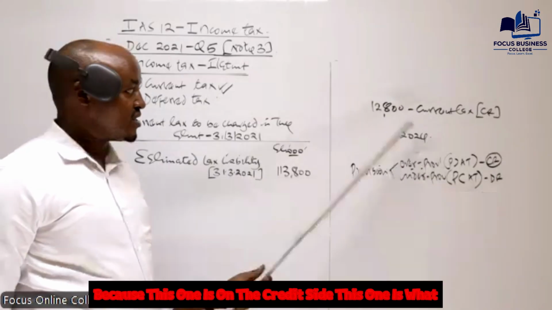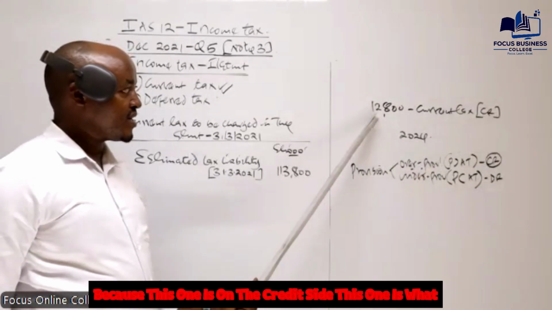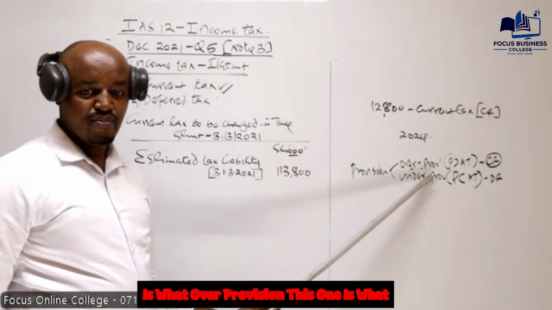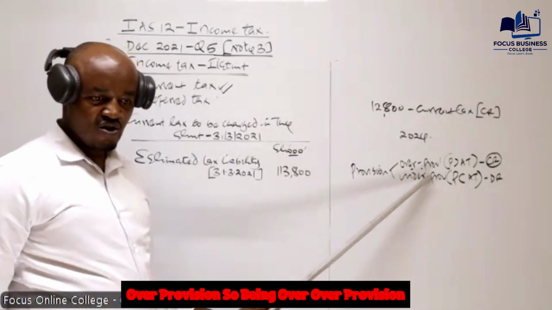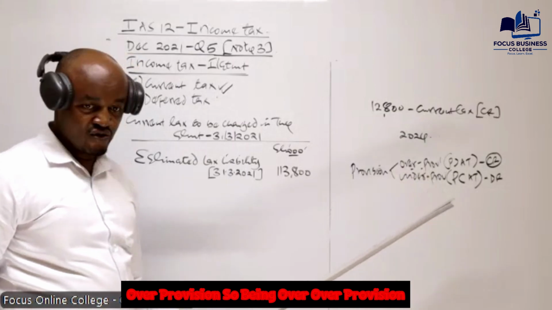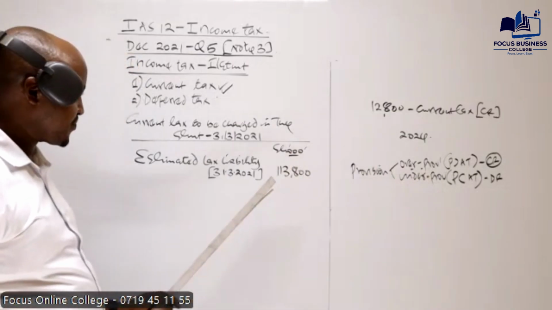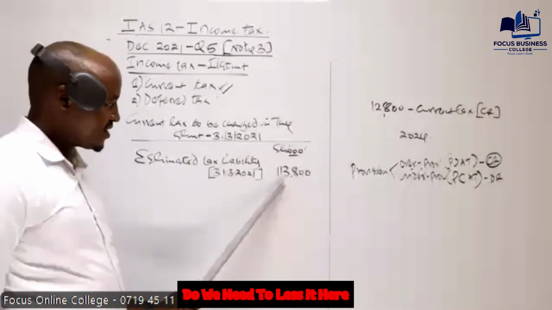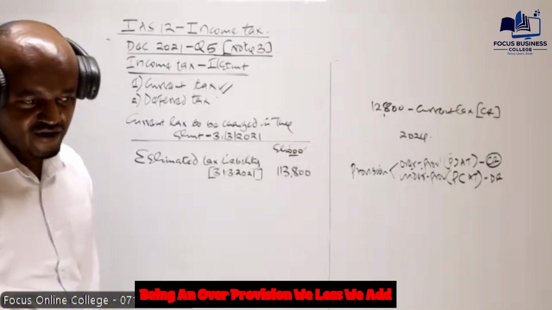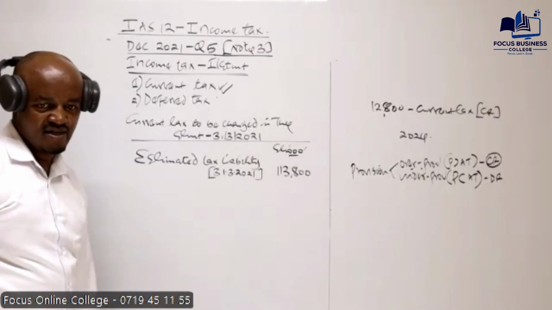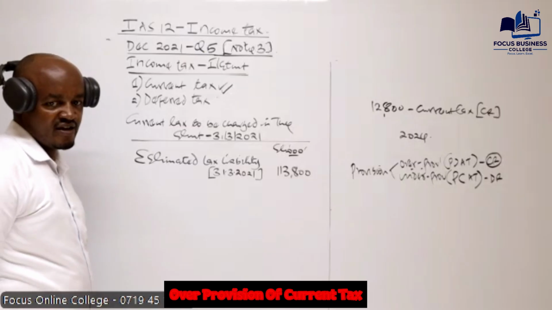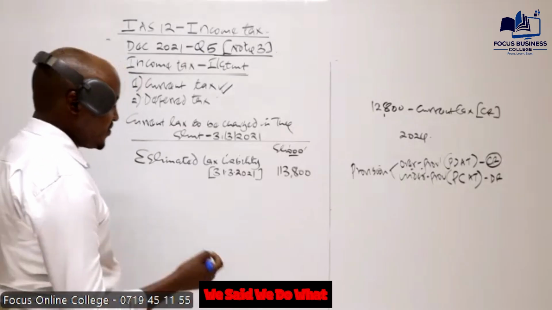And automatically, because this one is on the credit side, this one is an over provision. So being an over provision, what do we need to do with that over provision? Do we need to add it here? Do we need to less it here? Over provision of current tax from the previous year, we said we do what?